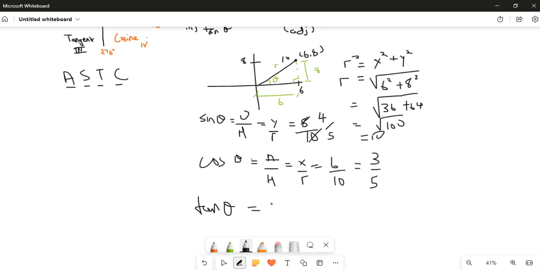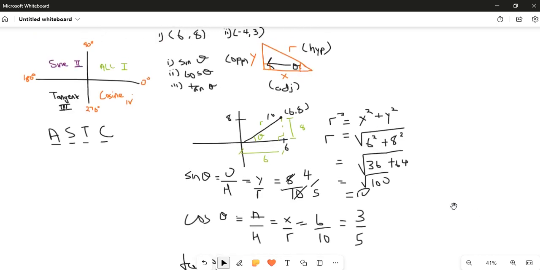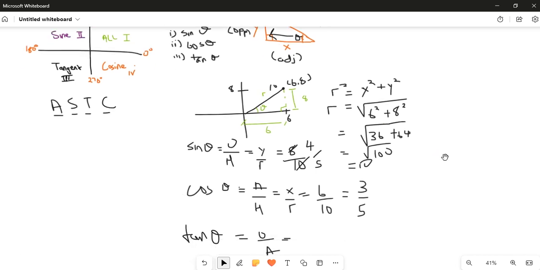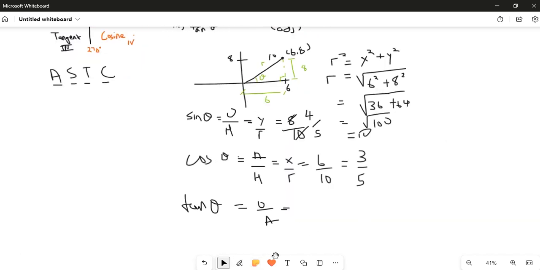Tan is opposite over adjacent. Referring to our triangle, opposite is y and adjacent is x. So you're going to say y over x. y is 8, x is 6. Simplify this further, it's going to be 4 over 3.